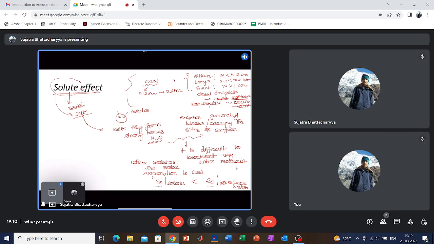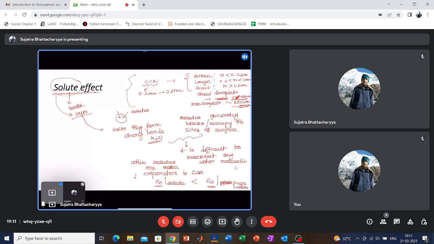Why? Because evaporation is more, vapor molecules are more, so saturation vapor pressure will be more. But when the solute is there, evaporation is less, so the saturation vapor pressure will also be less. And condensation will start even before saturation.